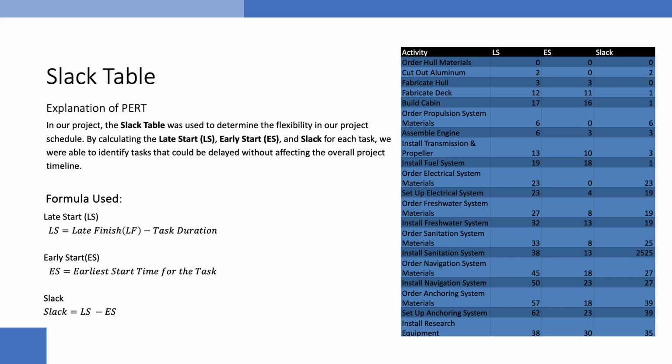So over here, as you can see in the Excel, we have all of the values there. We also rounded the values to the nearest whole number to simplify the results. And the activities on the critical path have 0 slack, meaning any delay in these tasks would extend the project timeline. Tasks with non-zero slack provide some flexibility, offering opportunities to adjust the schedule if needed.